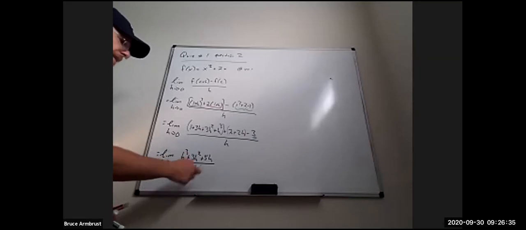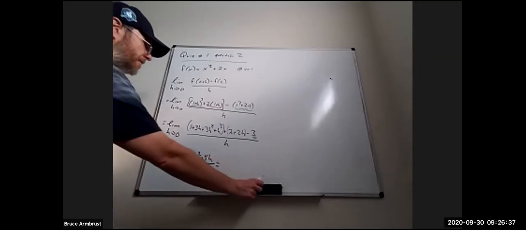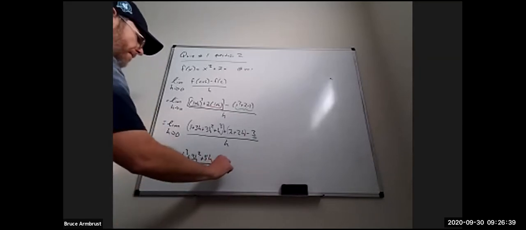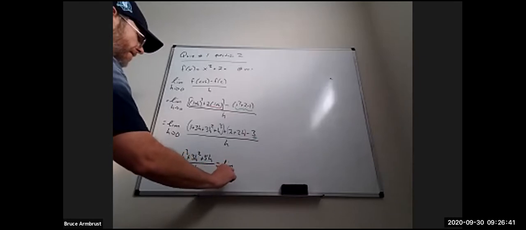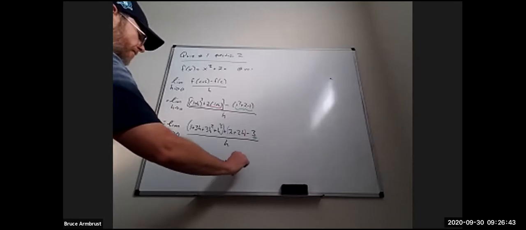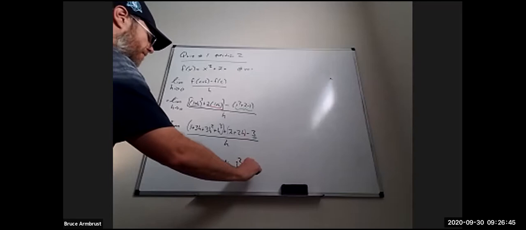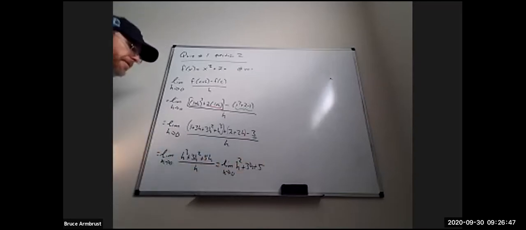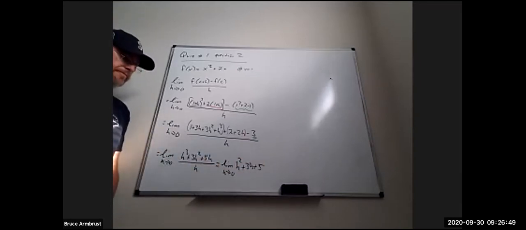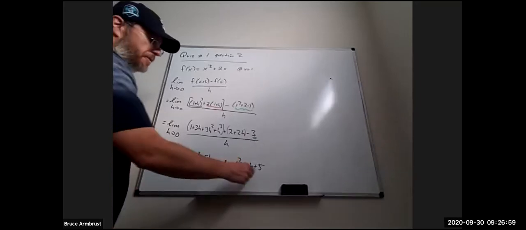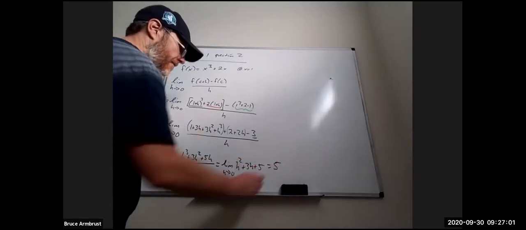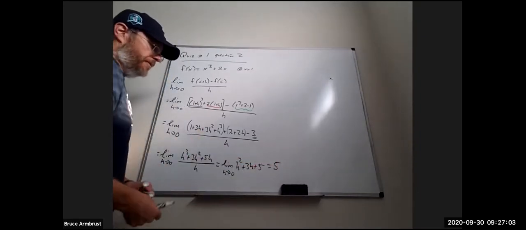Well, I can divide each of those things by h. This gives me the limit as h goes to 0 of h squared plus 3h plus 5. And now I can let h go to 0. Those first 2 terms go away, and I'm left with 5.